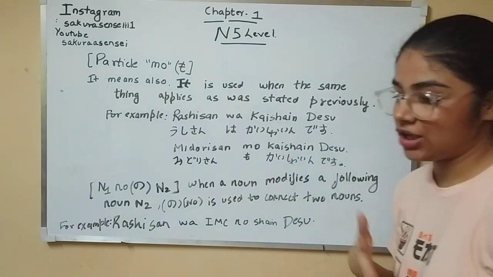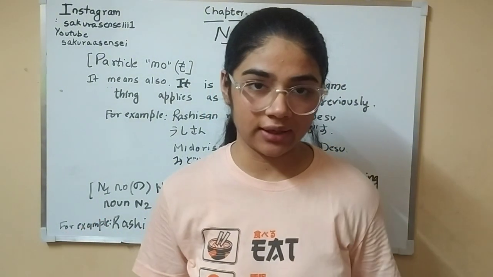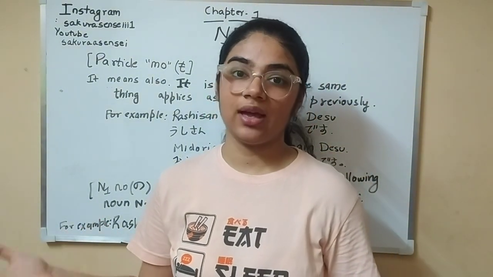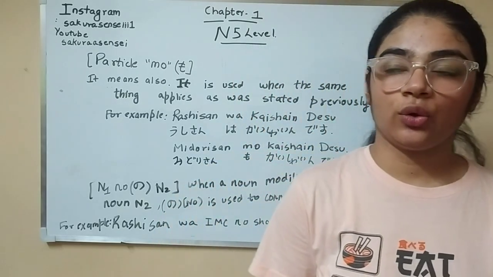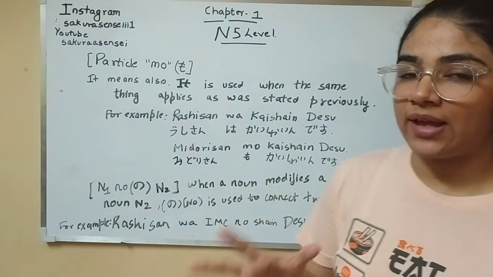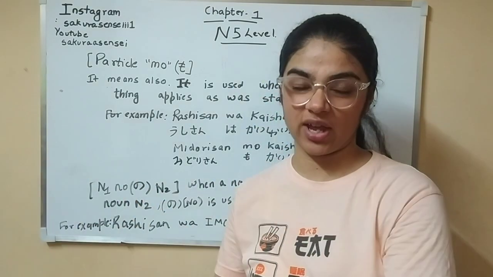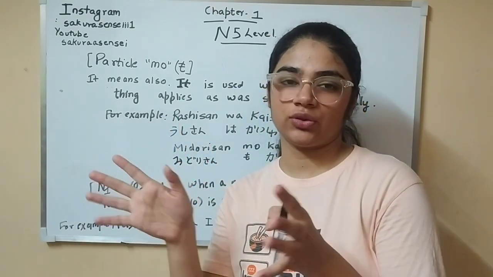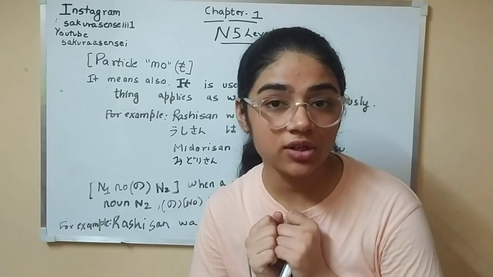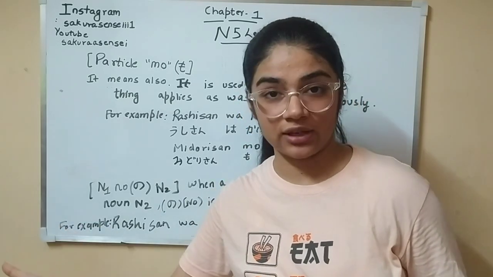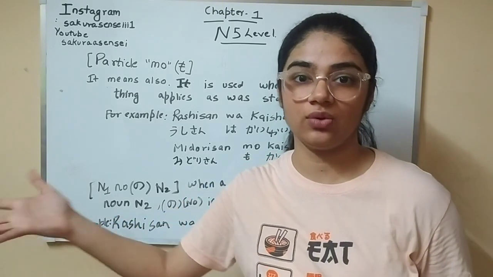So when I say Rashi is an employee, I will say Midori-san is also an employee. Here the noun, employee, applies to both subjects, to Rashi and also to Midori-san as well.